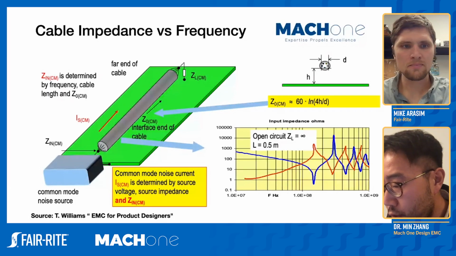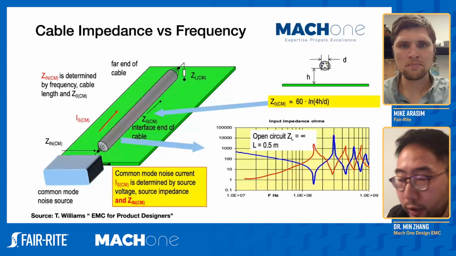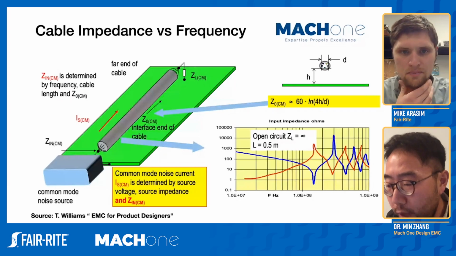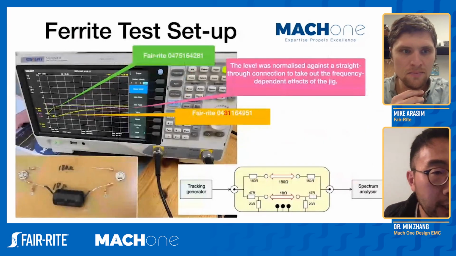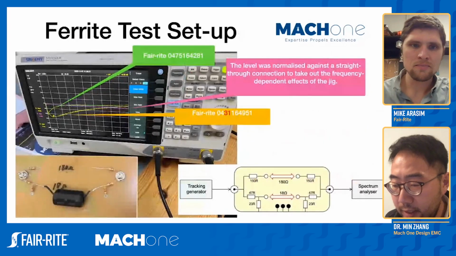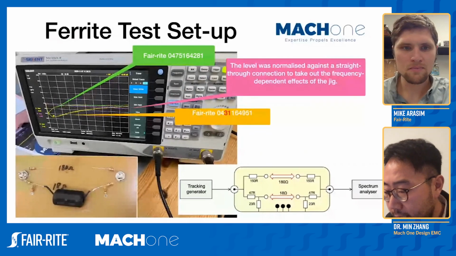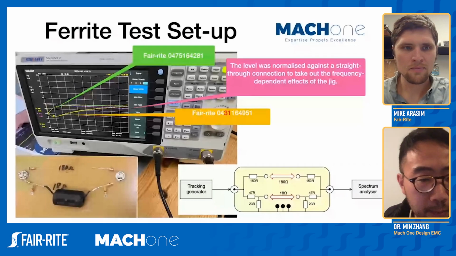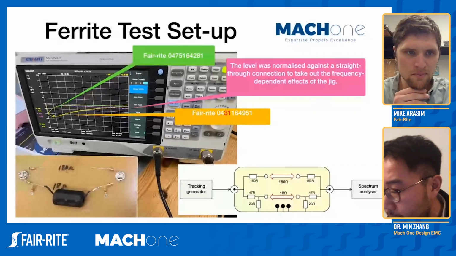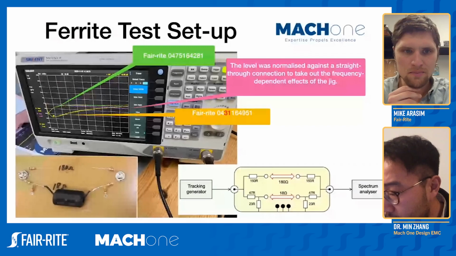Okay, so in order to demonstrate this impact, we have this ferrite test setup. This is a very simple jig that I built, and I'll quickly explain this impedance or resistive network. The idea is very simple.